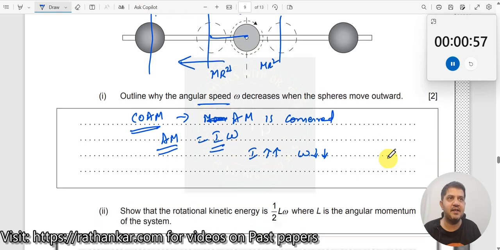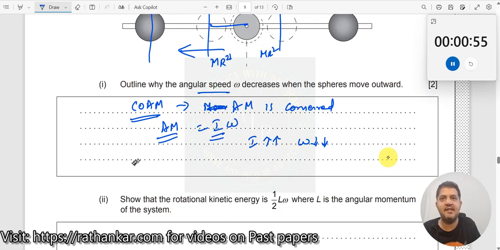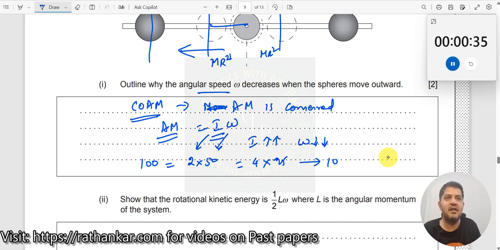omega is a constant. It is like, let us say for example, I have a number like 100. You can write the number as 2 into 50. Assume I is initially 2, omega is 50. Now you can also write this as 4 multiplied by 25. I is increasing, omega is decreasing, right? You can also write this as 10 into 10.